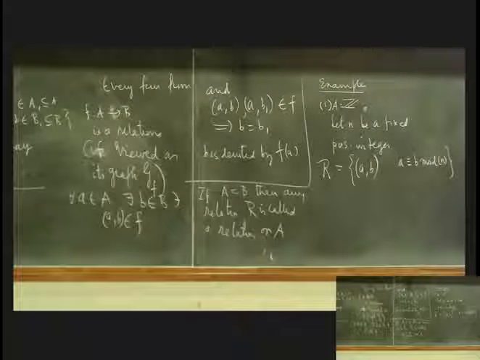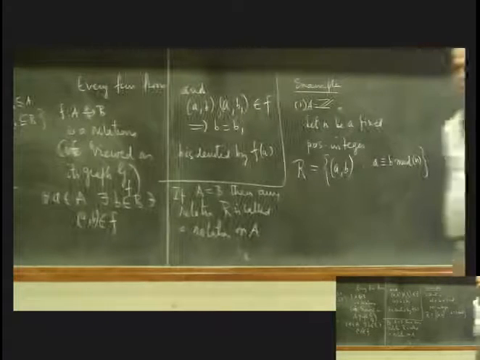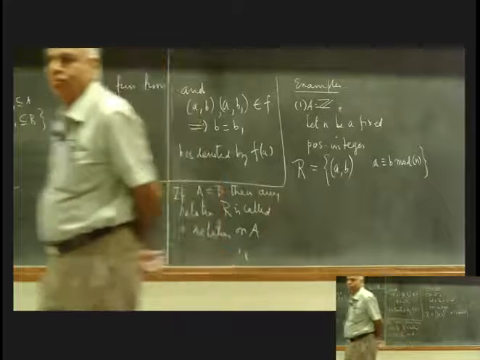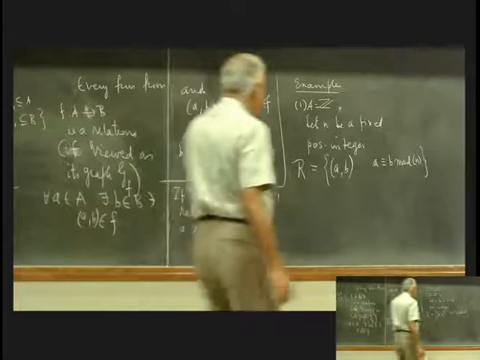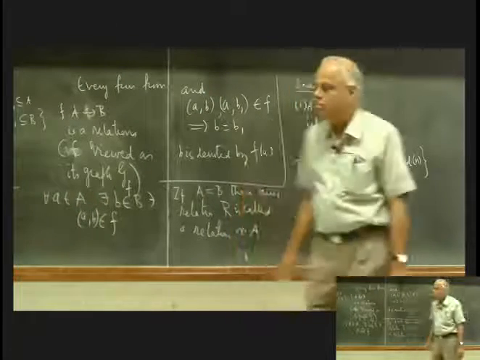This is one of the earliest, simplest relation examples. If the difference is divisible by n, I say a is related to b. If a minus b is divisible by n, then a is related to b, and this comes in many calculations in number theory.